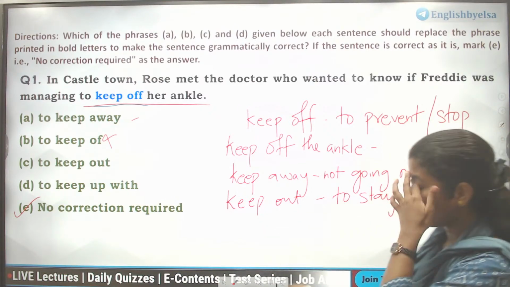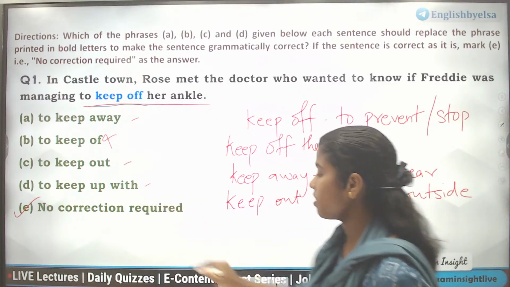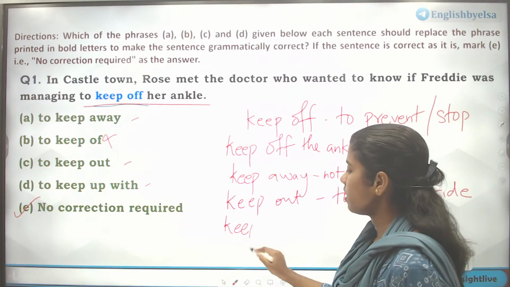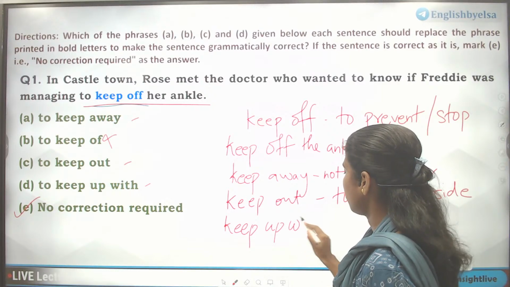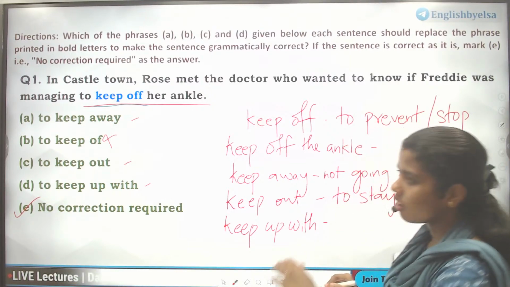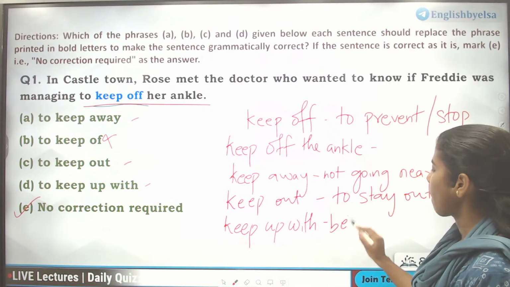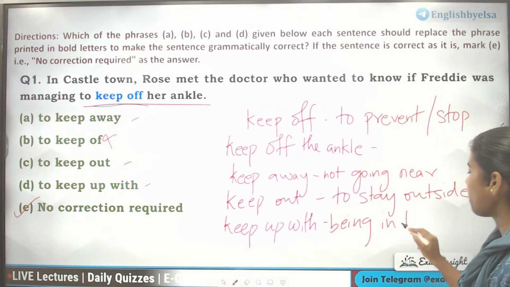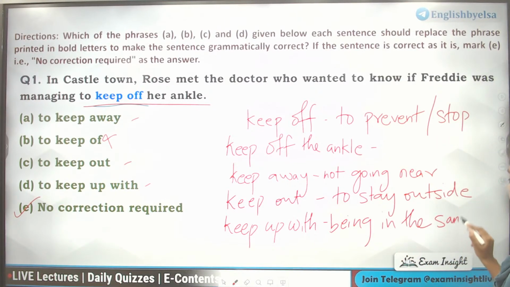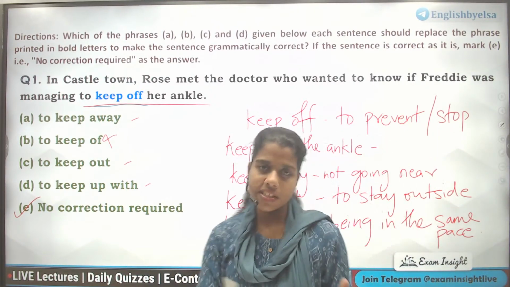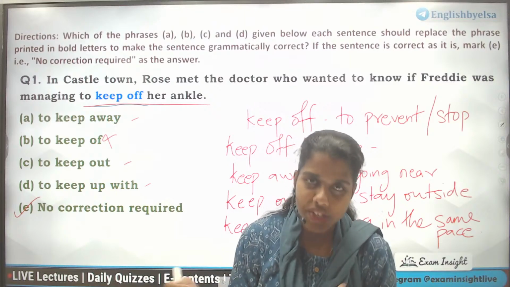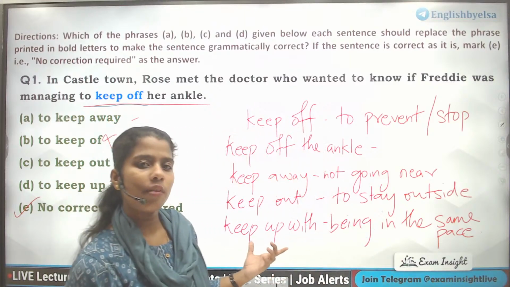Keep up with. This is often asked. I've seen it many a times. Keep up with means being at the same pace. For example, when I am in a race with someone, in a competition with someone, I can use this phrasal verb, keep up with.